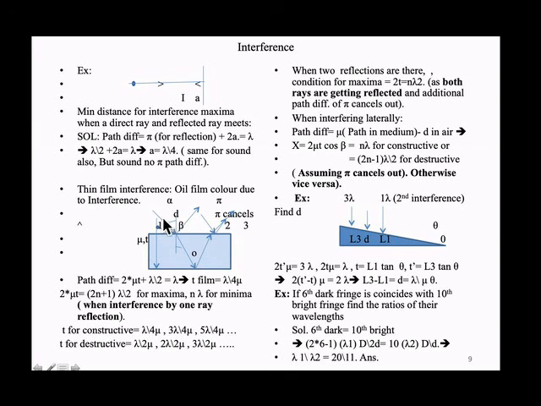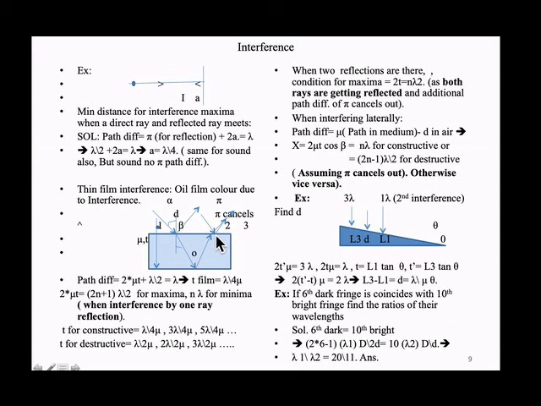Suppose the light ray is falling like this. Then it will undergo refraction, then reflection, then it is going out. Another light ray is coming like this. It will have two interferences. One is at this point, where this light ray is meeting the reflected light ray.